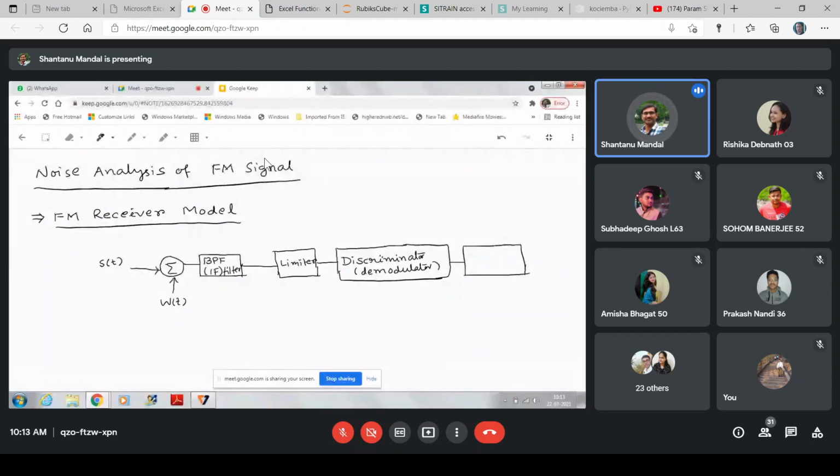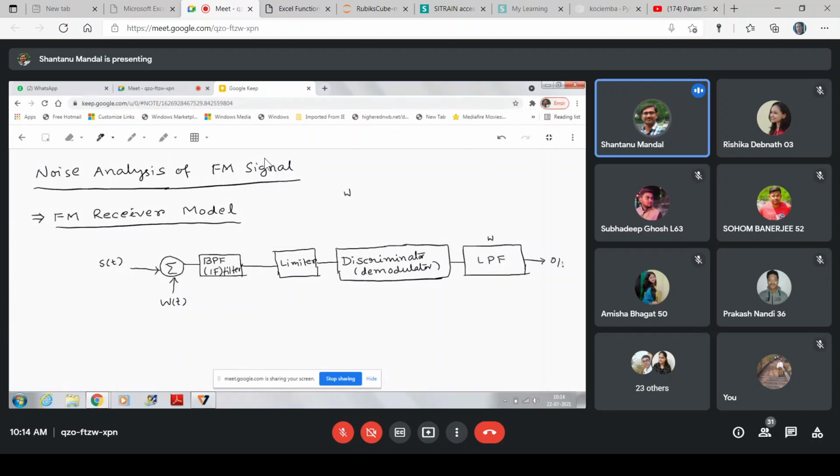The cutoff frequency of the low pass filter is equal to the message signal bandwidth. If the message signal bandwidth is W, then the cutoff frequency of the low pass filter is W, and here the output can be obtained.